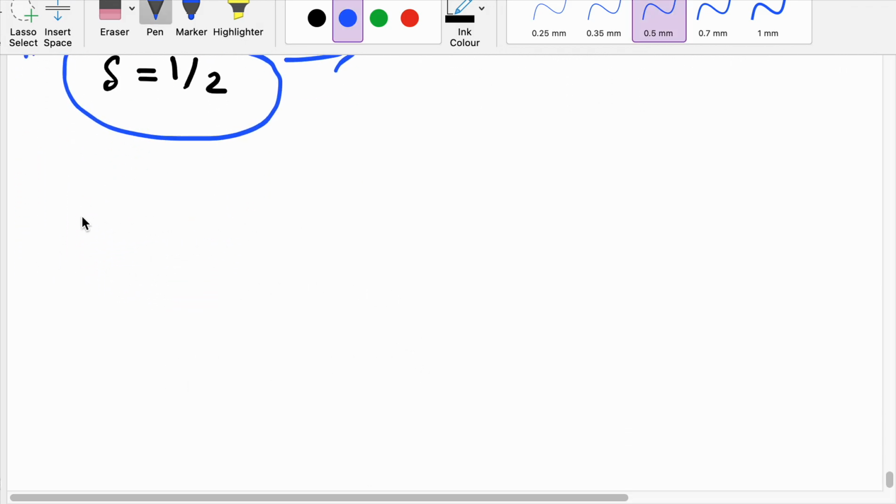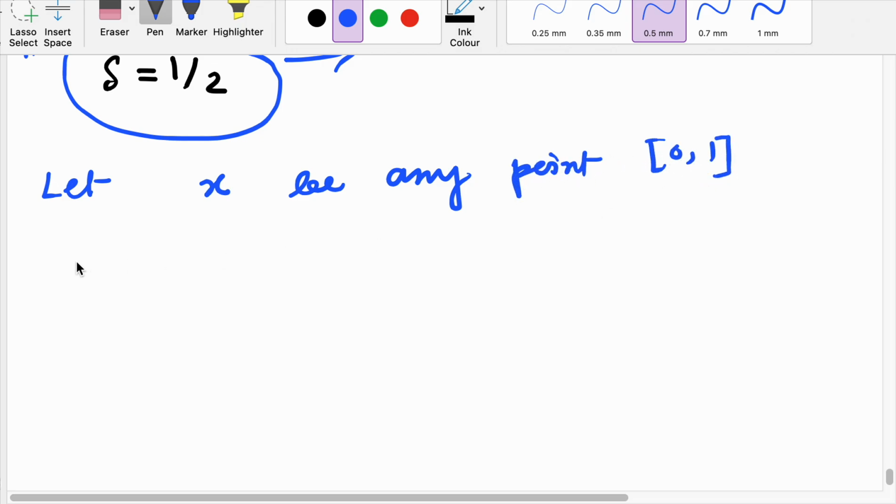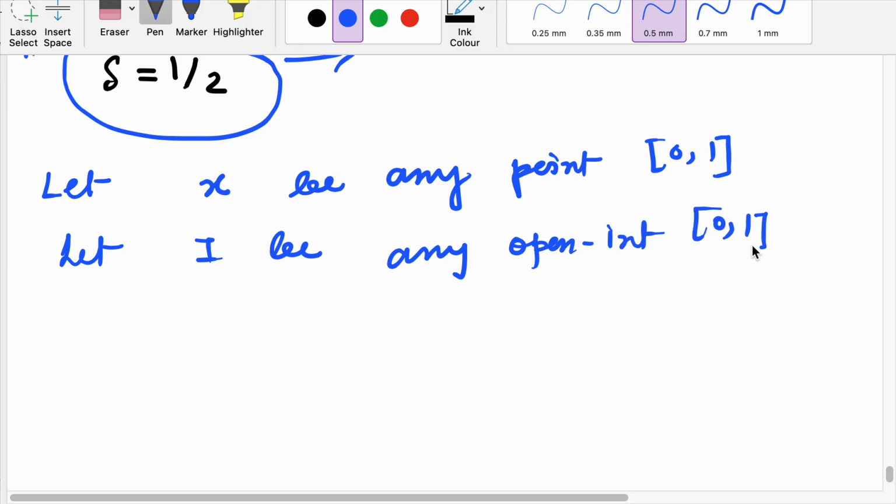Let x be any point in the interval 0, 1, and let I be any open interval in 0, 1, and obviously it contains x. Now we will use the spike lemma.